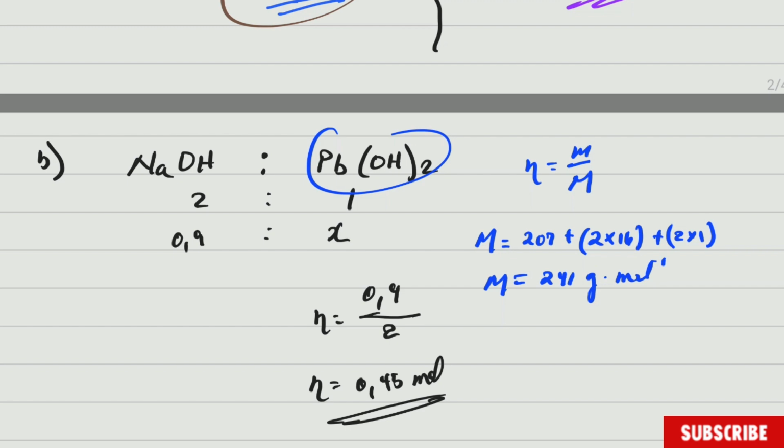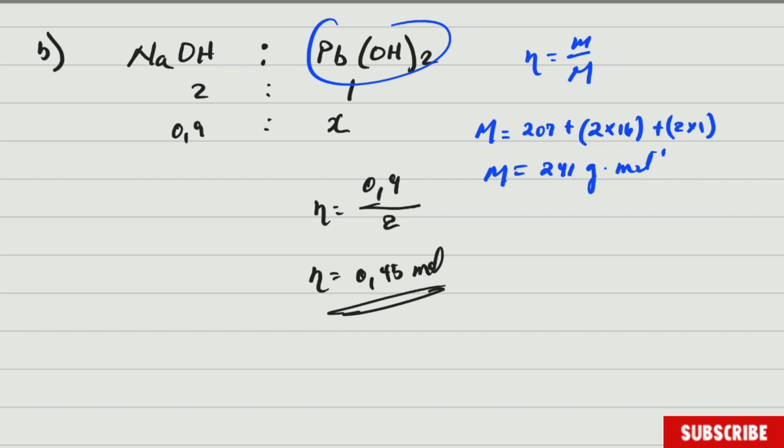So all we have to do now is calculate the mass. If we substitute in the formula, 0.45 equals mass divided by the molar mass, which is 241. The mass is going to be equal to 108.45 grams.